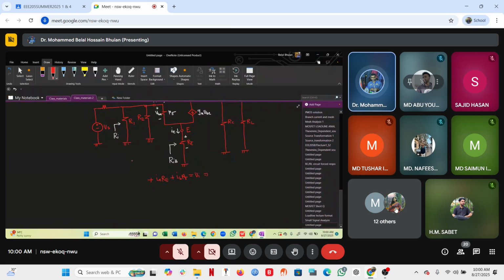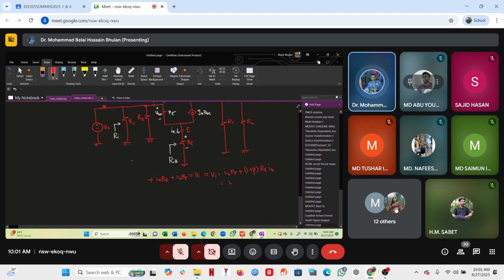So that can be written in terms of IE and IB. How are they related? IE is equal to 1 plus beta times IB. So VI equals IB R pi plus 1 plus beta RE times IB.